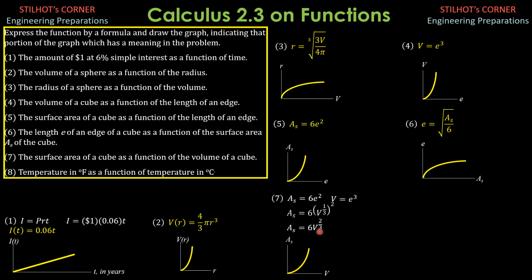So when the volume is 8 cubic units, then 8 to the 2/3 is 4. So times 6 is 24. So it should look like that.